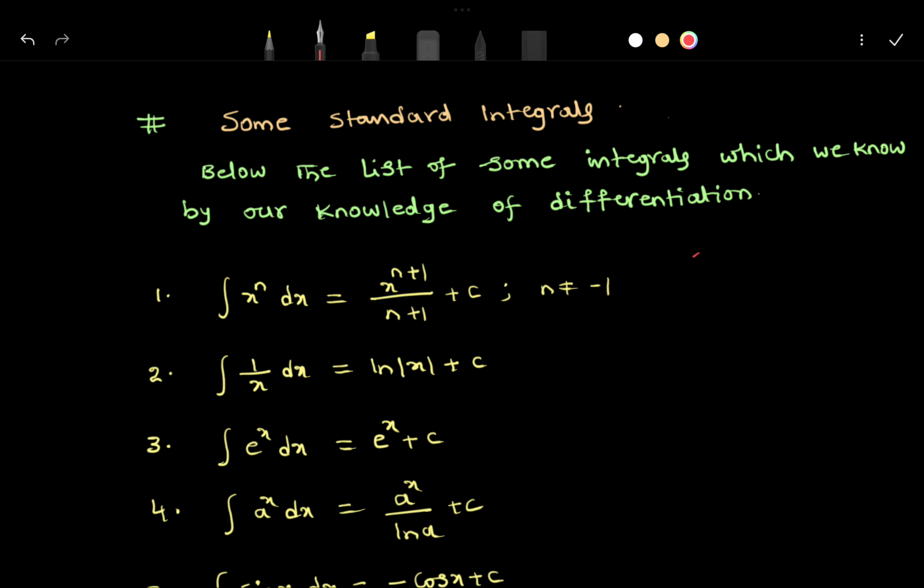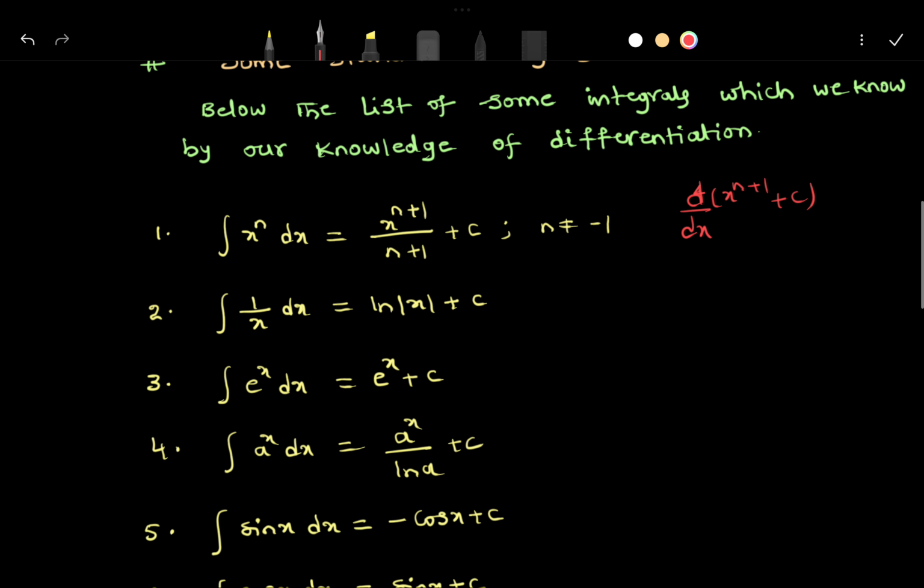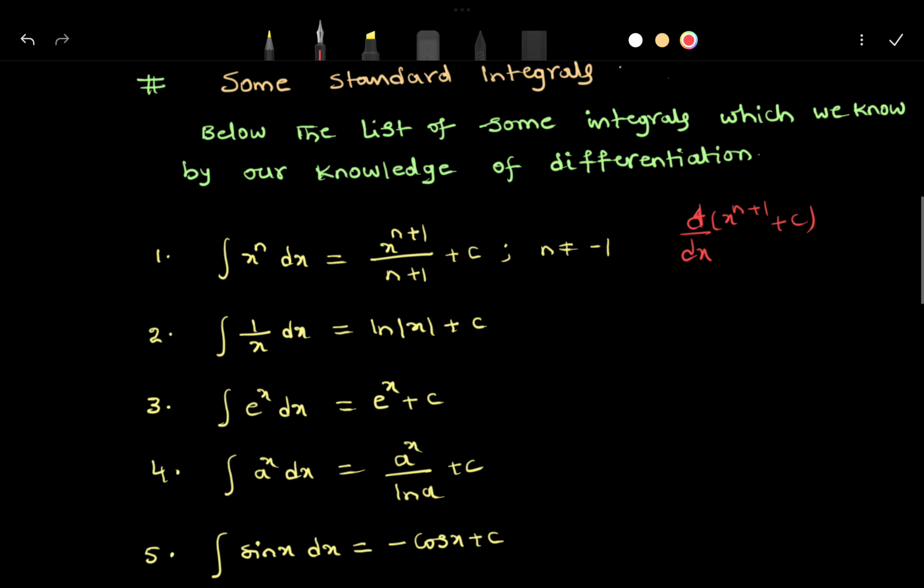Look at this one: d by dx of x to the power of n plus 1, plus c. Here c is a constant, and that c value can be 0 or non-zero, anything. So tell me, what is the derivative of this one? n plus 1 into x to the power of n. So this is the derivative of this one.